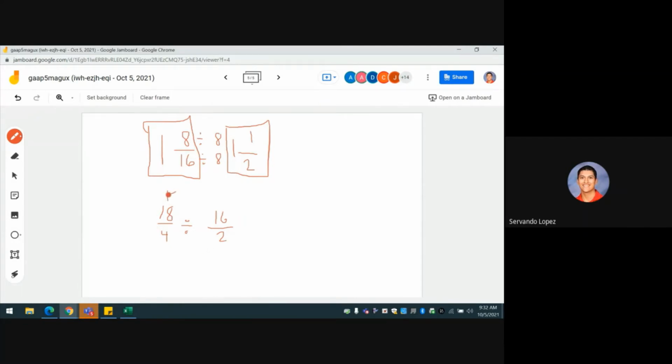K, C, R. What does the R stand for? Reciprocal. And I'm going to write down the name over there in your word wall on the back so you can see it. Okay. Can somebody tell me what my new fraction is?